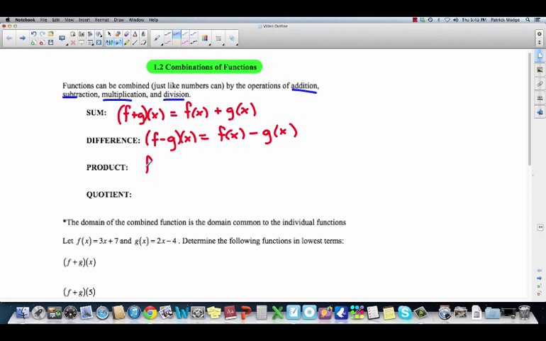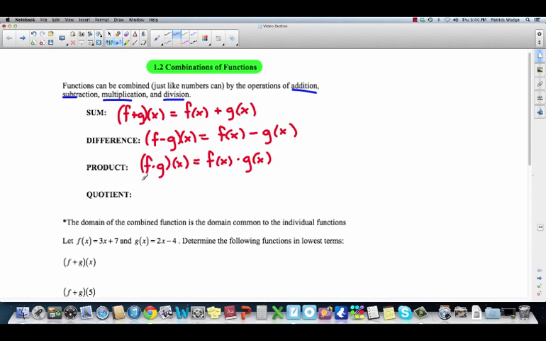Product. If you want to know the product of two functions, f dot g or just fg in terms of x, you can probably figure out the pattern by now. You're going to figure out what f, the function, is in terms of x, and then multiply that by the other function in terms of x.